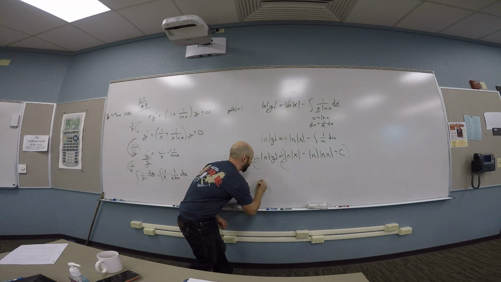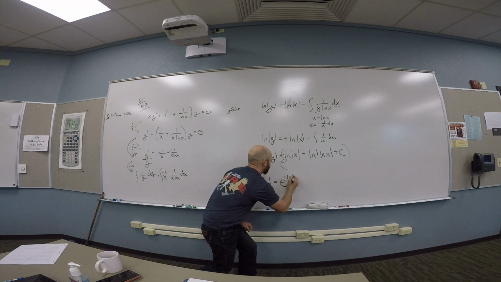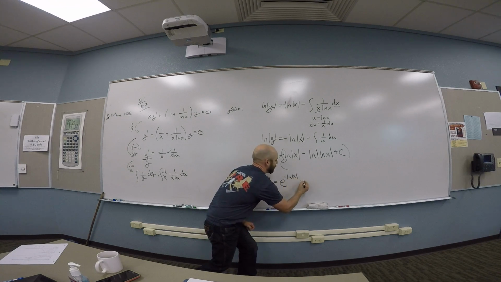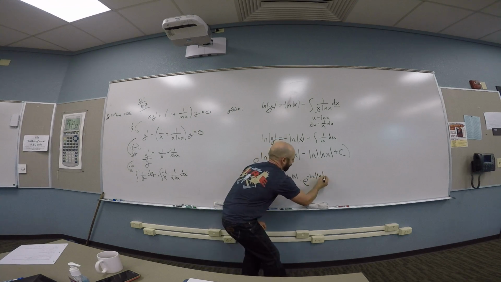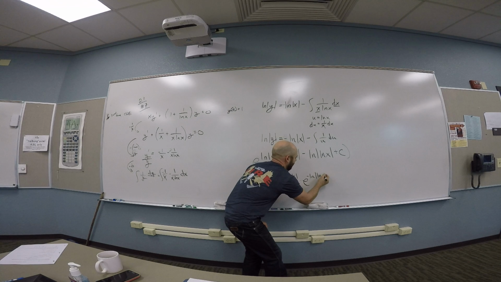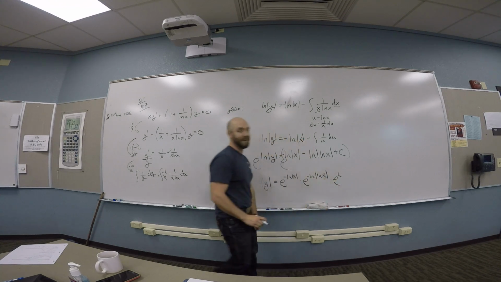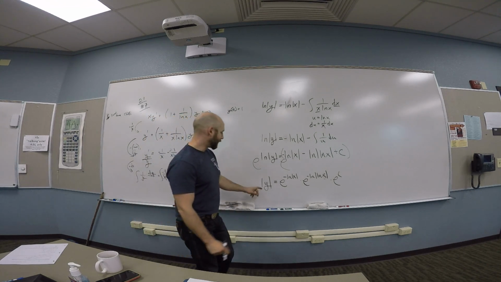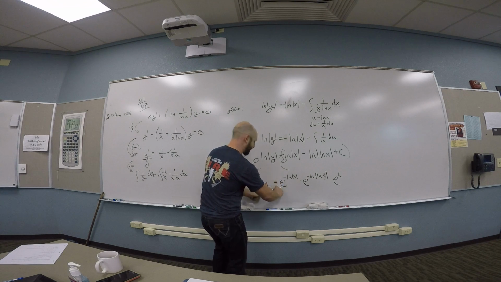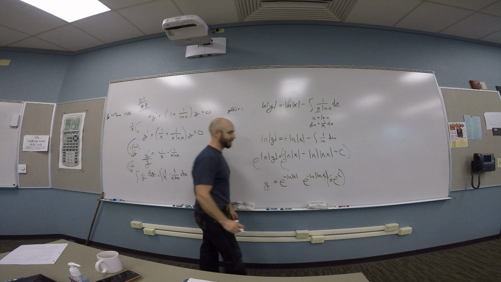So you have the absolute value of y is A e to the minus natural log of absolute value of x times e to the minus log of x times e to some constant c. Then I'm going to absorb it into plus or minus e to the c.